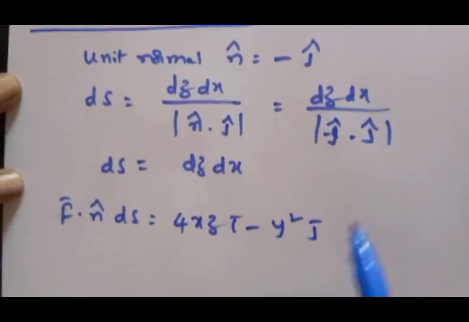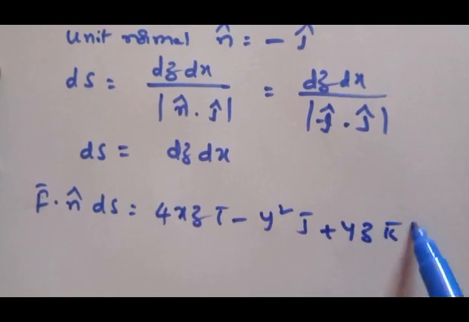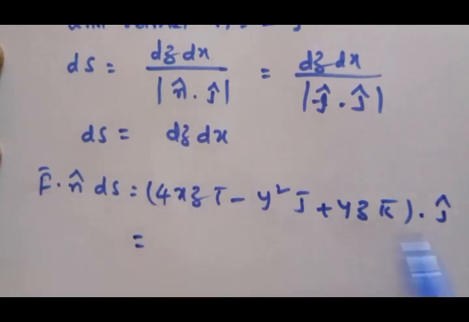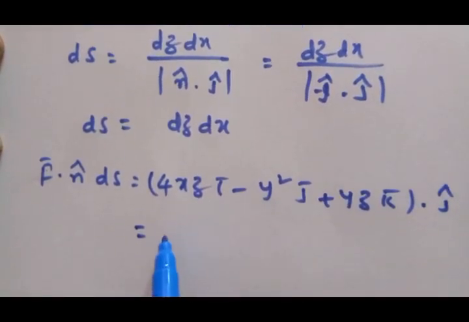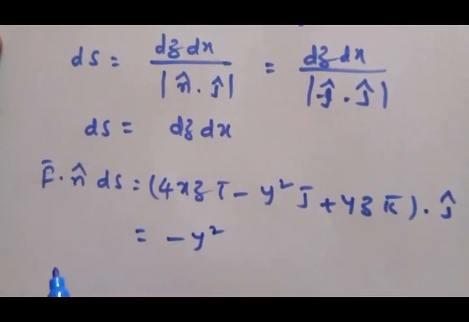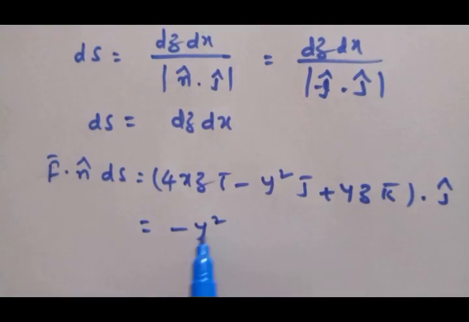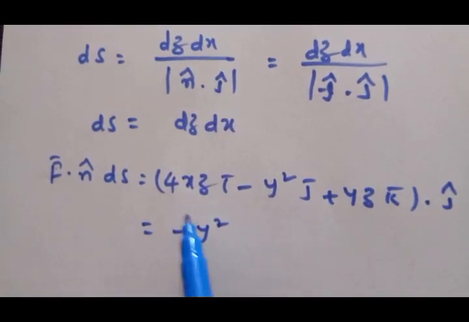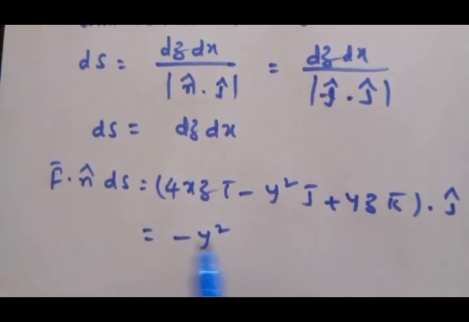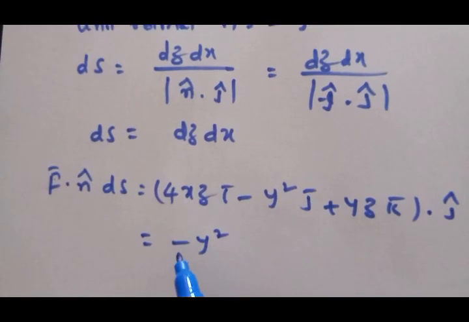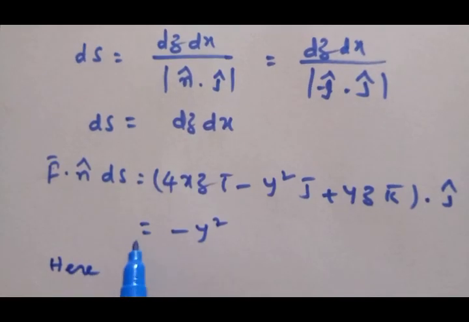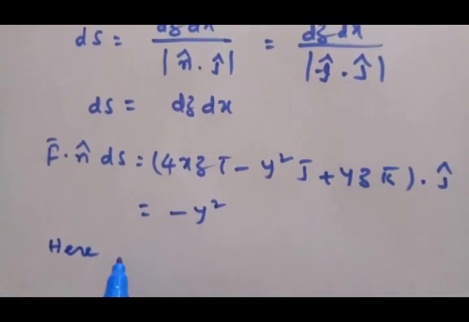Now f bar dot n cap ds, f bar is equal to 4xz i bar minus y square j bar plus yz k bar dot j cap. This is equal to minus y square, since j bar dot j bar is 1, as we already calculated in the previous face. So you can directly write f bar dot n cap ds is equal to minus y square instead of writing it every time. Therefore here this side is drawn at y equal to 0.